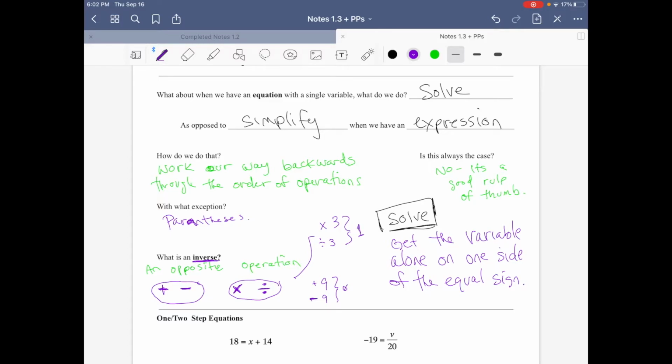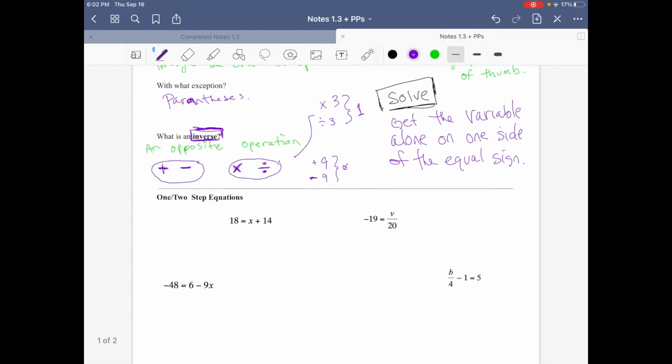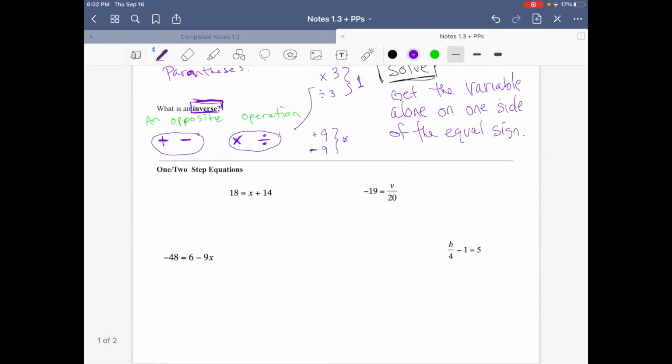So that might make a little bit more sense once we look at the examples. But the main idea here is we take the inverse. We have to identify the operation and then take its inverse. For example, our end goal, remember, is to solve, so we want x to be alone on one side of the equal sign, right?